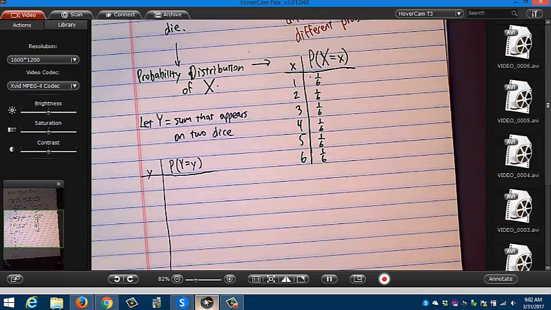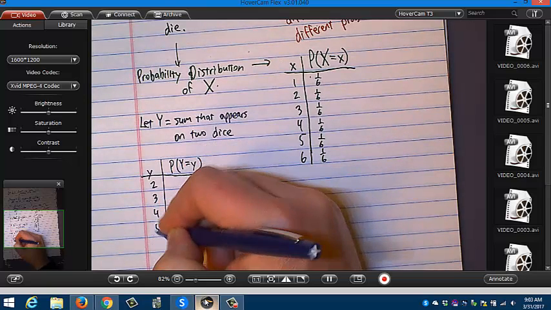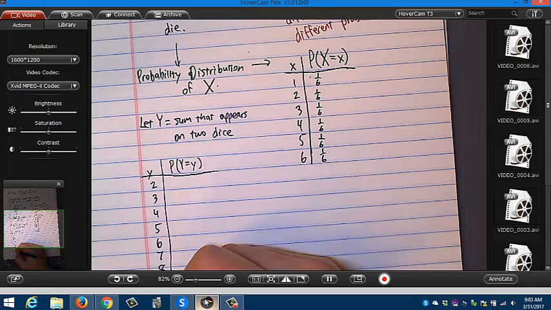And what are the possible values of y? How do you roll a 1? Okay, 2 through 12: 2, 3, 4, 5, 6, 7, 8, 9, 10, 11, and 12.